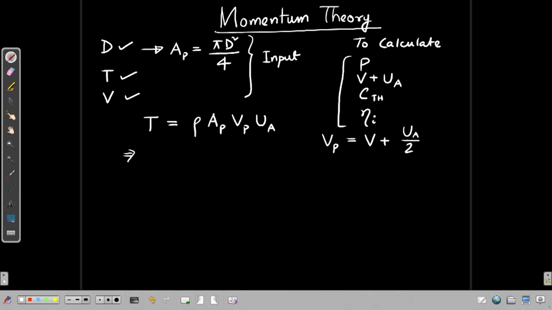So, we can write this as T is rho AP into V plus UA by 2 into UA.